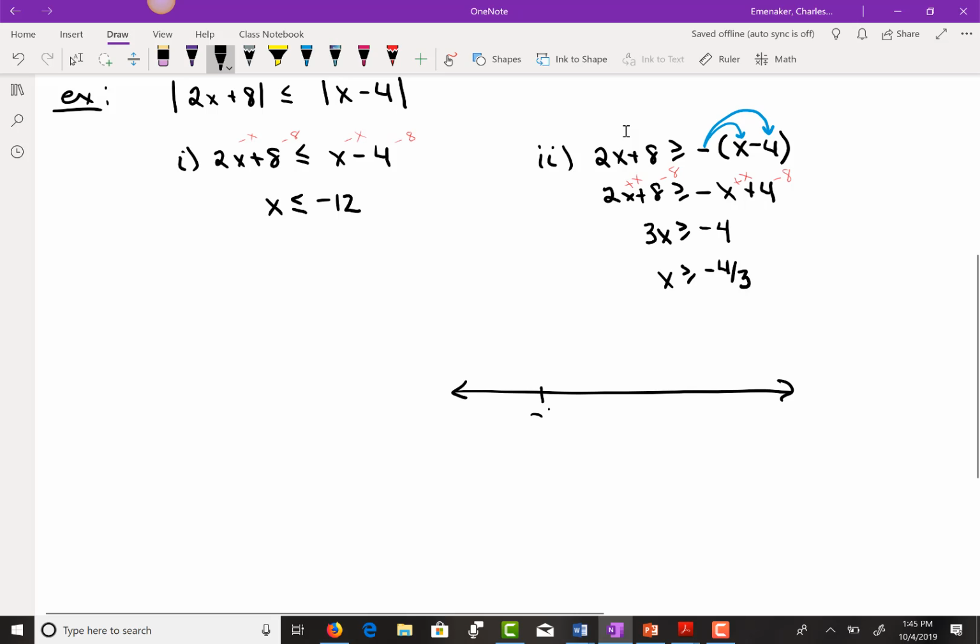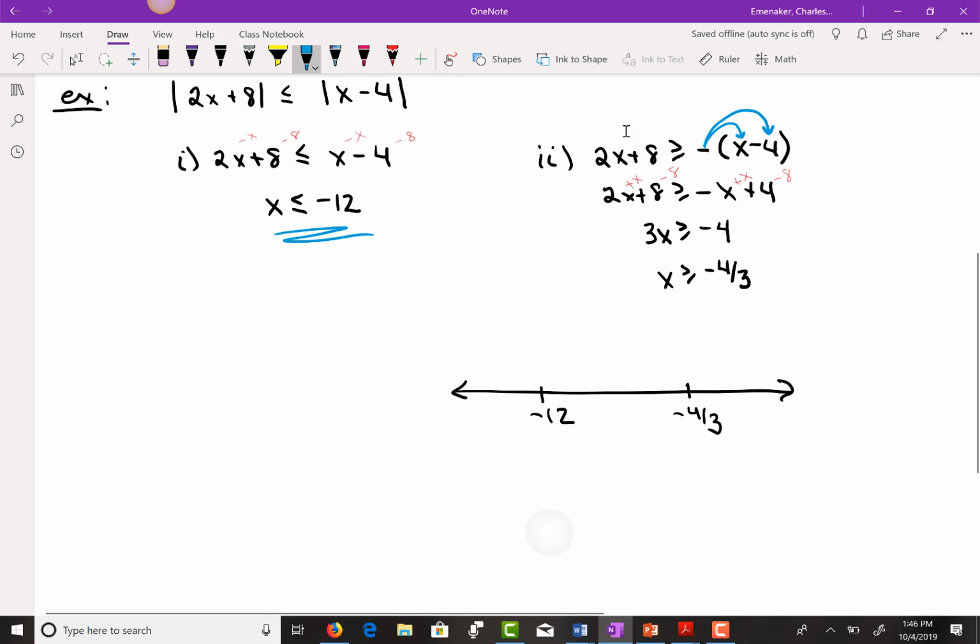If you've got a negative 12, let's see, negative 4/3. On the negative 12 side of this, do we want numbers that are bigger or smaller than negative 12? Smaller, right? Because it says x is smaller than negative 12.